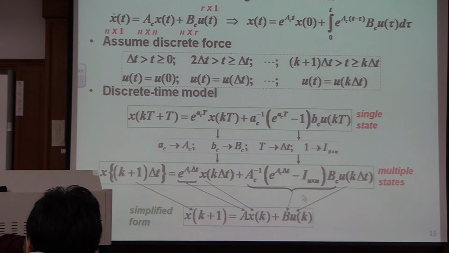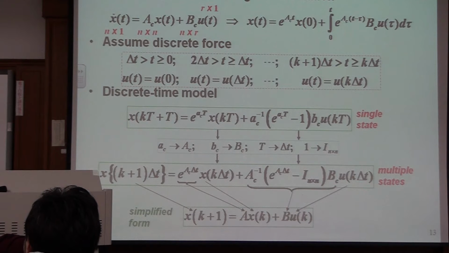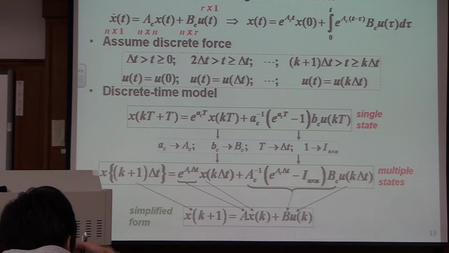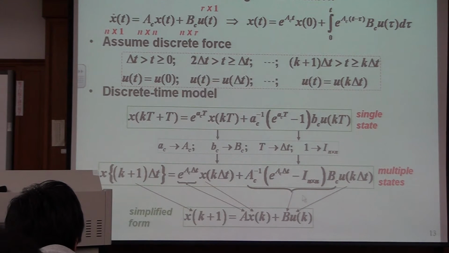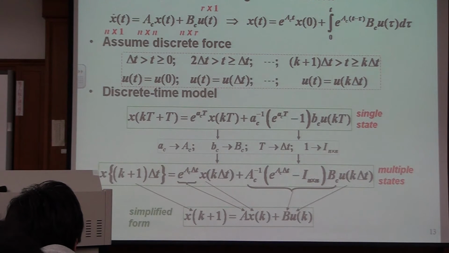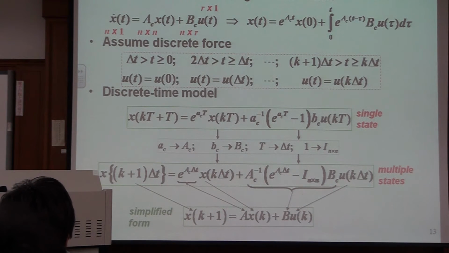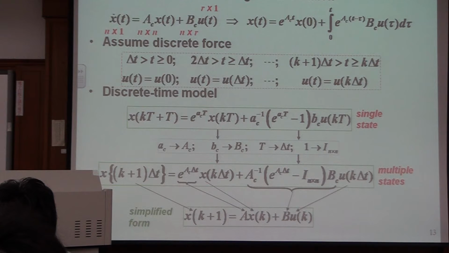Now, what is the AC for rigid body motion? Anybody can tell me? The AC for rigid body motions. What is AC? AC is equal to [0, 1; 0, 0]. Right? That's my AC. Agree? Then what is my AC inverse?